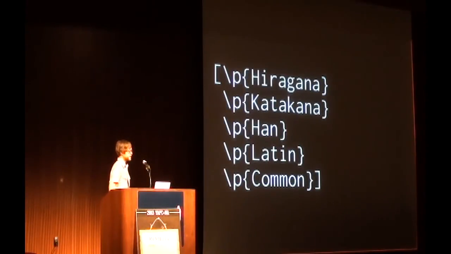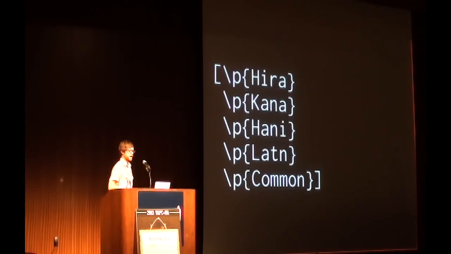And take a look at this use in a character class. Here we've got a character class where we're matching Hiragana, Katakana, Han for Kanji, Latin, and all of the Common characters, the common punctuation and such. So this is a character class that will match any character in the Japanese writing system. And there are even shortcuts. These are standard Unicode-defined 4-letter abbreviations for any of the scripts.